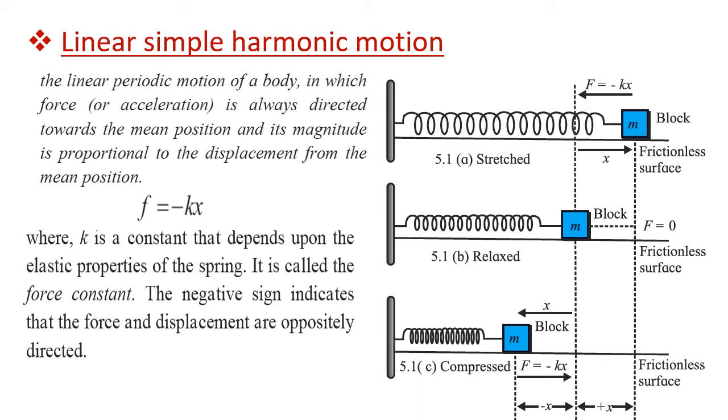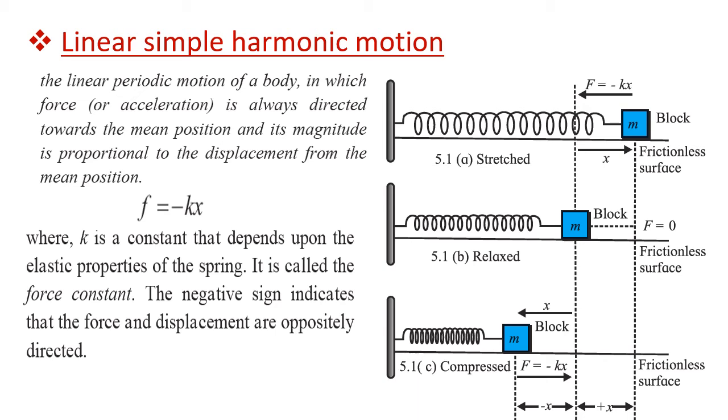Similarly, if you focus on 5.1c, if the spring is compressed, that is, if we exert a force in the left direction by the block M on this spring so that the spring is compressed, then the displacement of the block is in the left direction. But because of the internal restoring force, the spring will try to regain its original size or shape, and it will make the block move in the right direction.